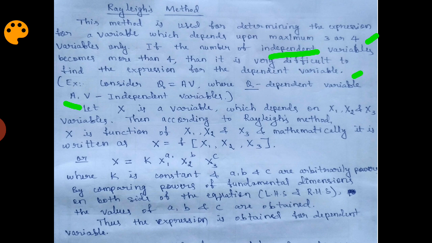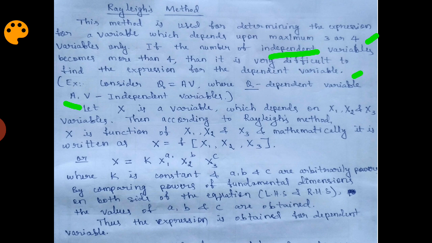Let X be a variable which depends on X1, X2 and X3. According to Rayleigh's method, in this case X is a dependent variable and X1, X2, X3 are independent variables. X is a function of X1, X2 and X3.